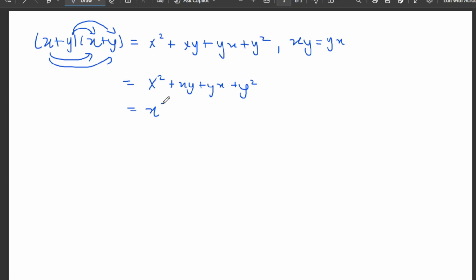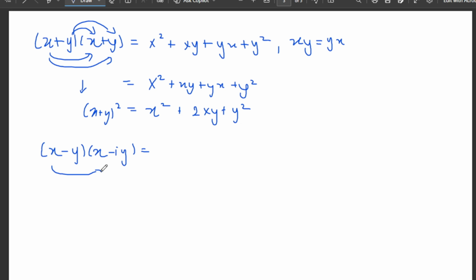Since these both are the same, 2 of xy plus y squared. Okay, x squared plus 2xy plus y squared. This is the same thing, and you can see that this is the same thing as x plus y squared.